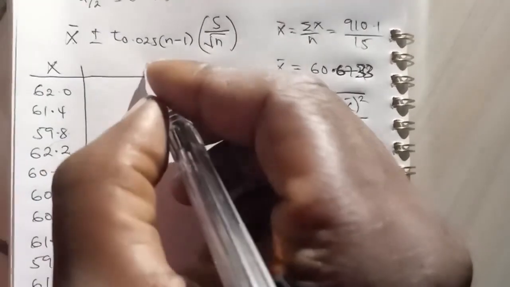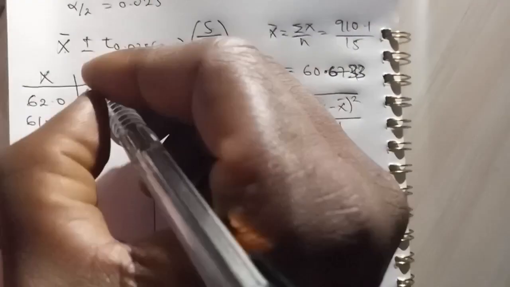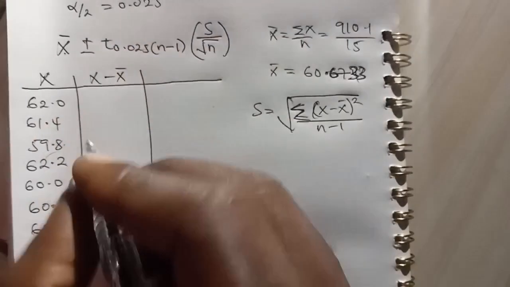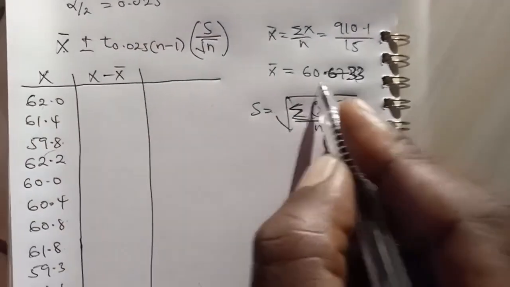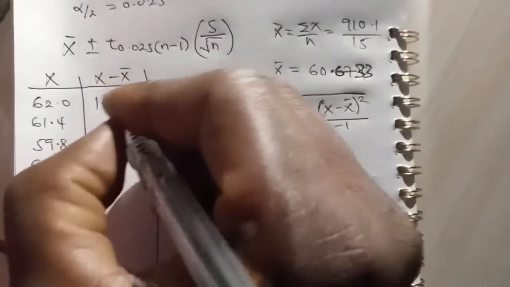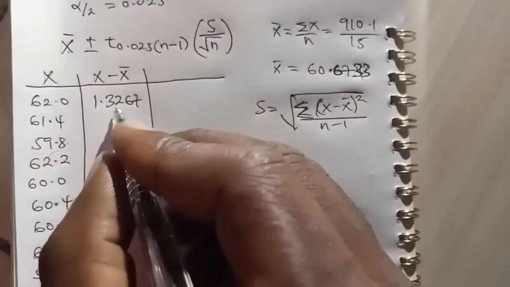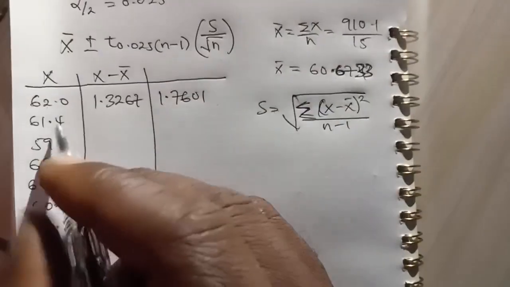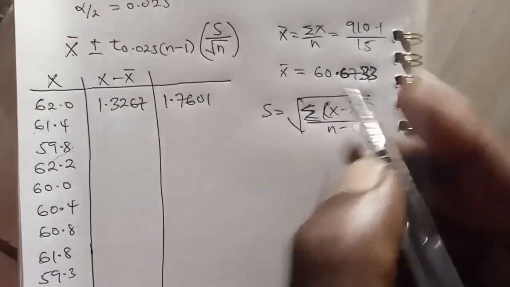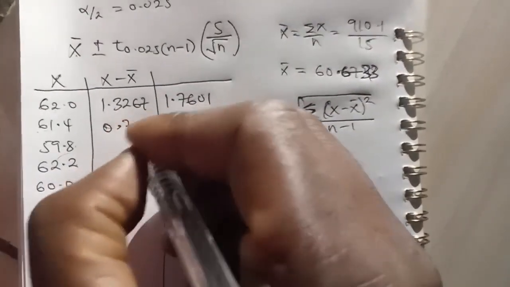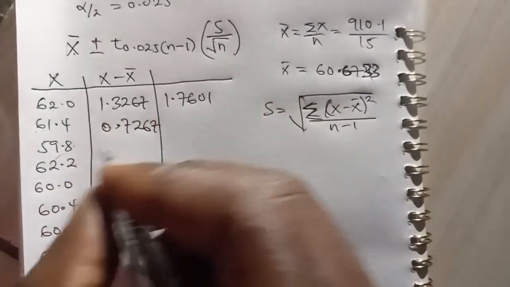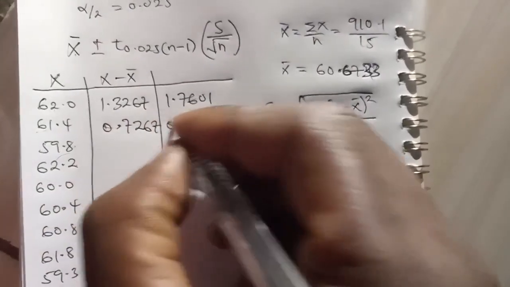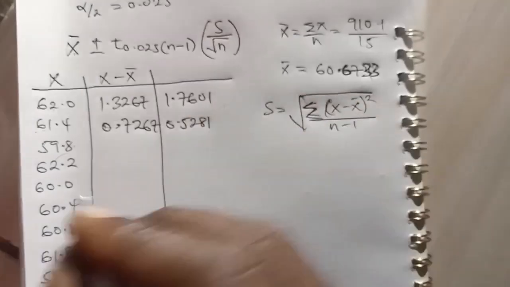For example, 62 minus this will give us 1.3267. If we square it, we'll have 1.7601. This minus the mean will give us 0.7267. If we square this, we'll get 0.5281, and so on.